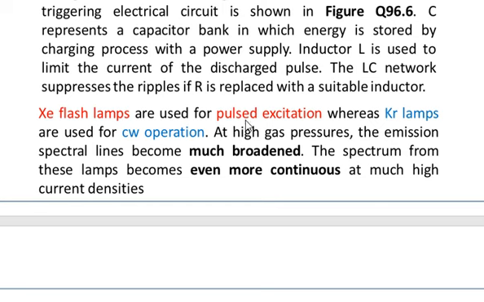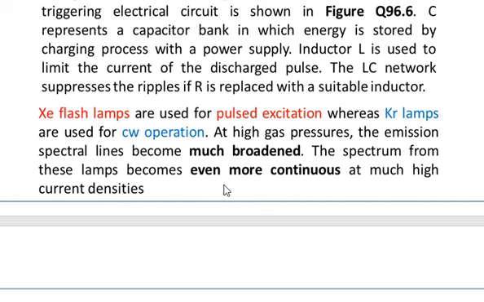Xenon flash lamps are used for pulsed excitation, whereas krypton lamps are used for continuous wave operation. At high gas pressures, the emission spectral lines become much broadened. The spectrum from these lamps becomes even more continuous at much higher current densities.